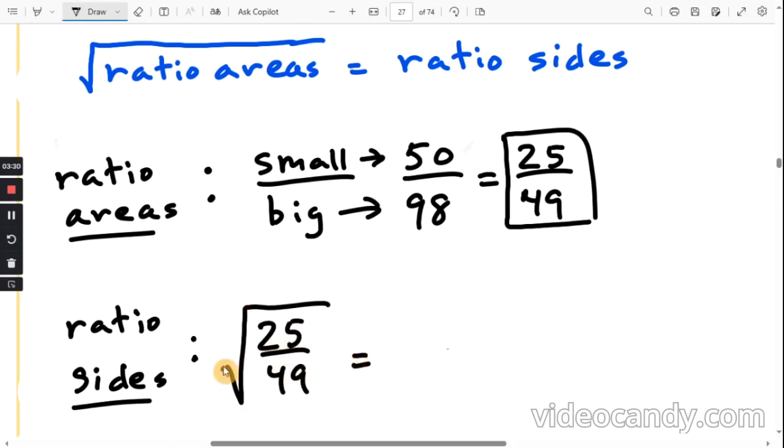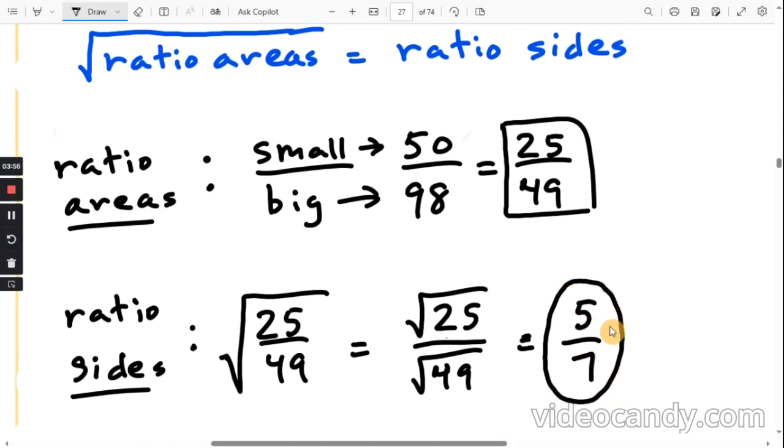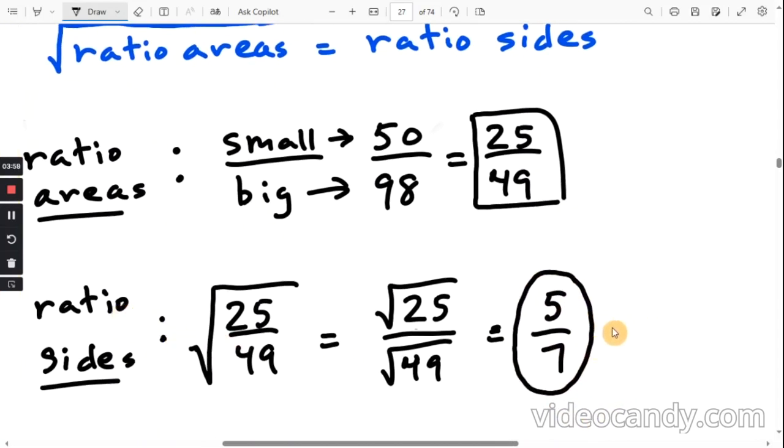When you take the square root of a fraction, you take the square root of the numerator and denominator individually. The square root of 25 is 5, and the square root of 49 is 7. So that is your final answer. The ratio of the sides is 5 to 7. So that is basically the scale factor.